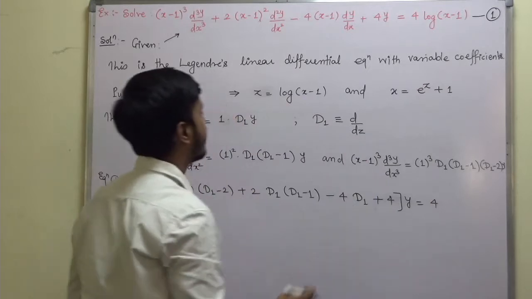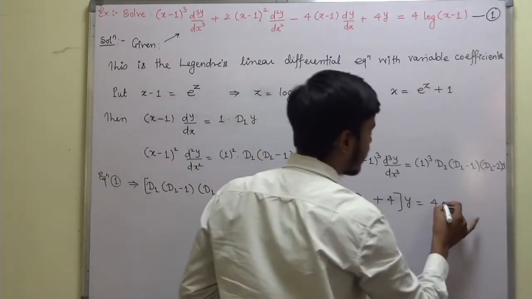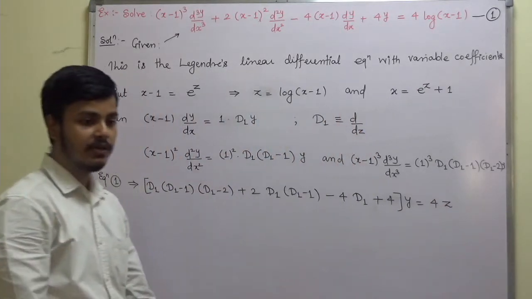What is log of (x minus 1)? Log of (x minus 1) is z. So this is 4z.